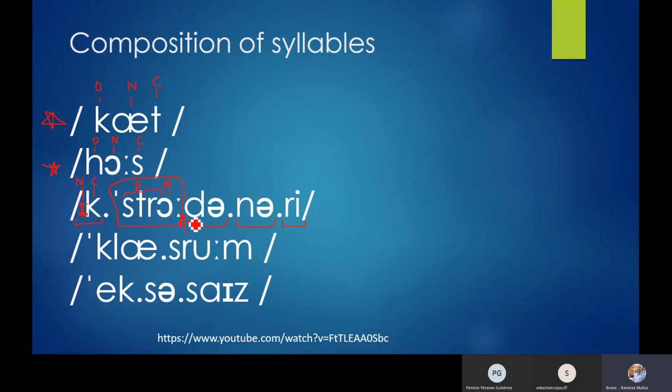Now there's another syllable after this one, which is this. What can you say about the composition of this syllable? It has no coda. The onset is the sound D, and the schwa is the nucleus.